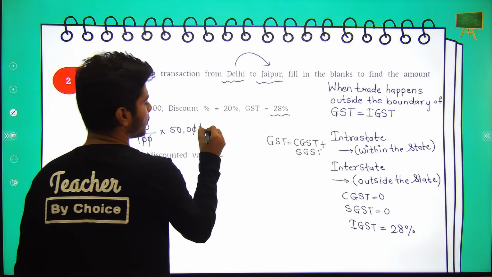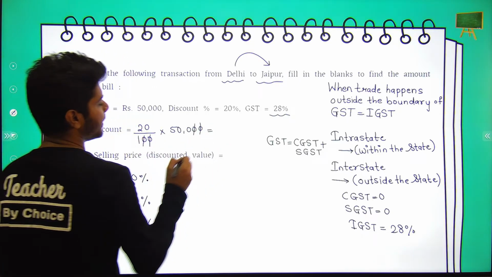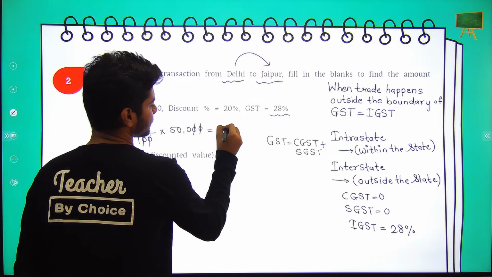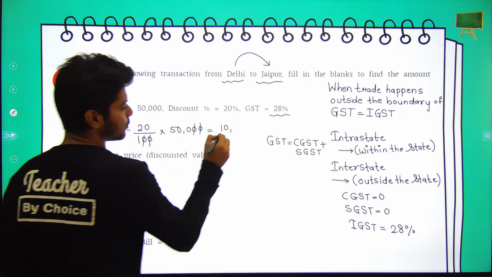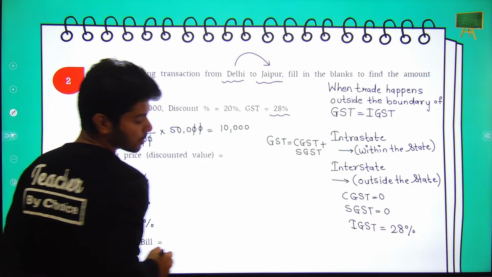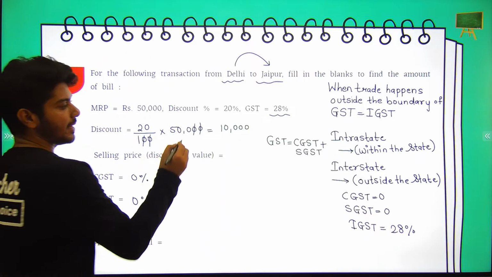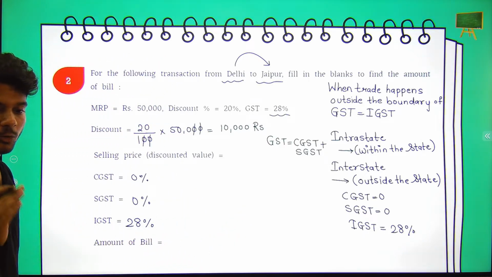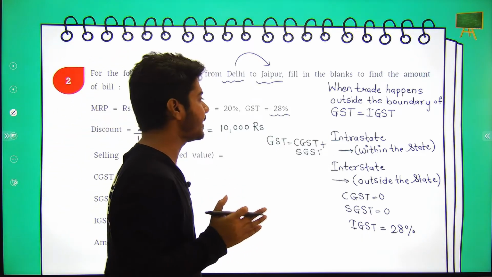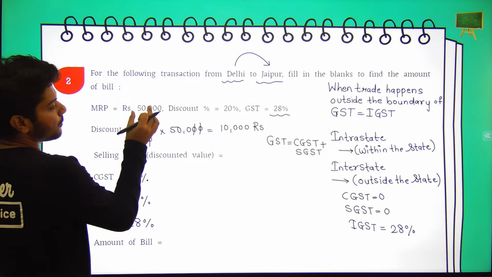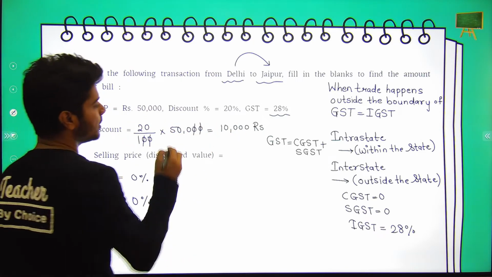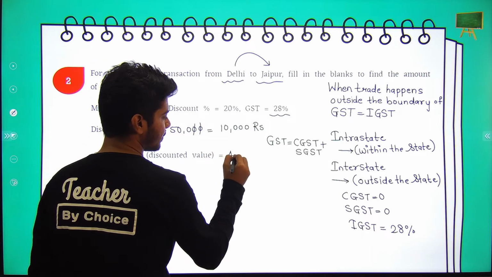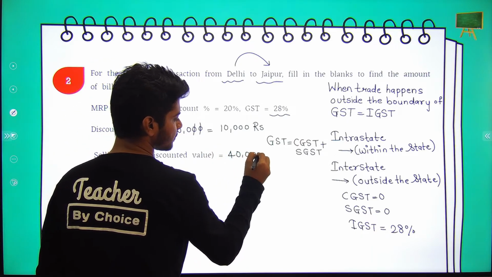So 500 into 20. 5 2s are 10 and three zeros. So the discount offered is 10,000 rupees. I told you whenever a discount is offered, it is always subtracted from the MRP. So 50,000 minus 10,000, we get 40,000. So this is the selling price, 40,000 rupees.